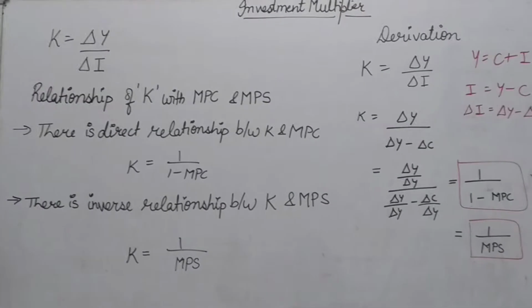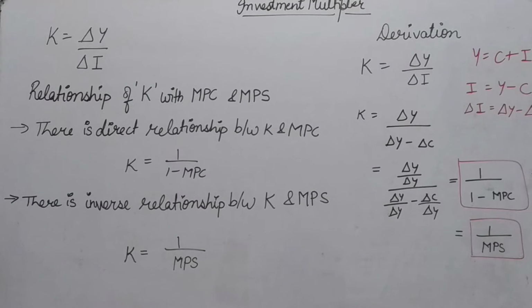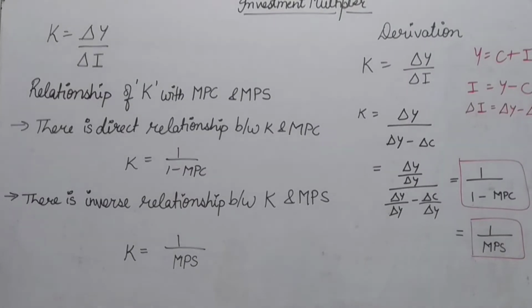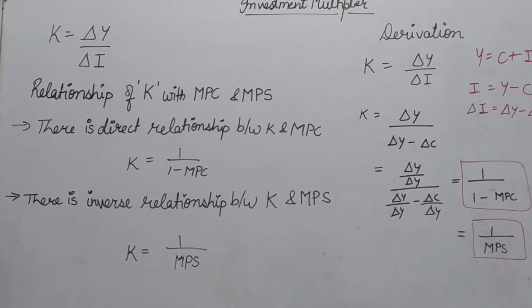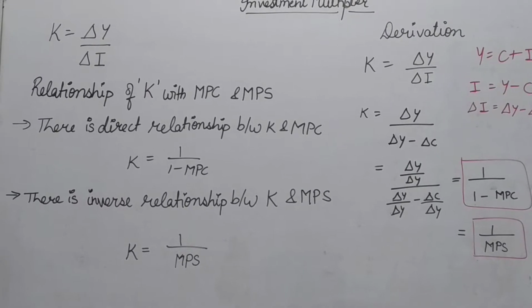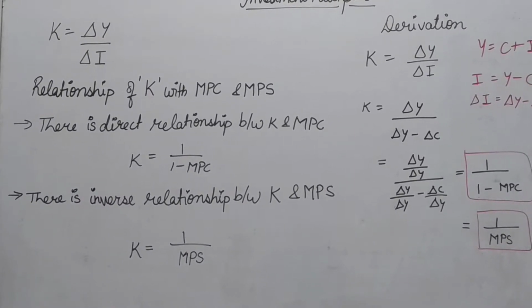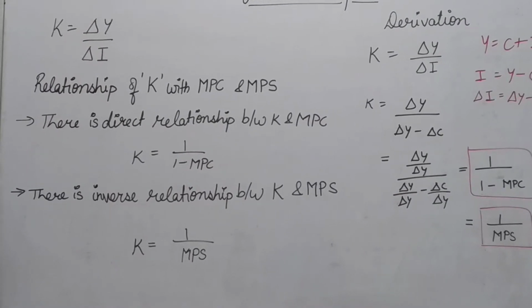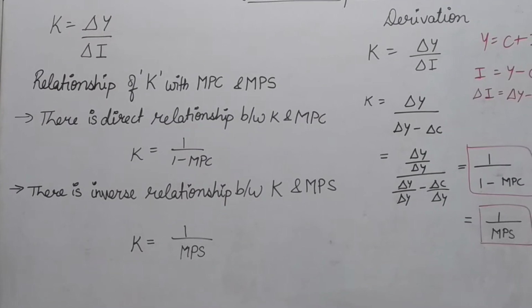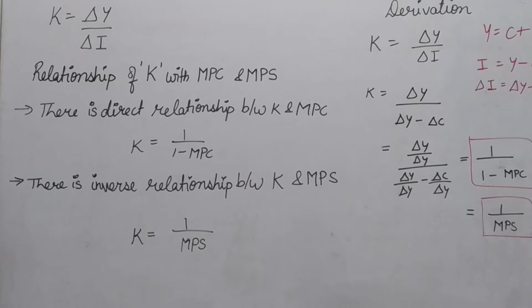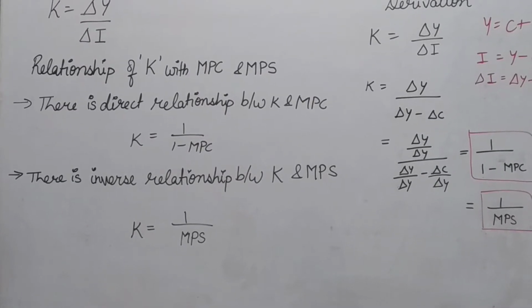First of all, investment multiplier is denoted by the symbol K, and multiplier is the ratio of change in national income, delta y, written over here in the formula, delta y upon delta I. That means investment multiplier is the ratio of change in national income to the change in investment.